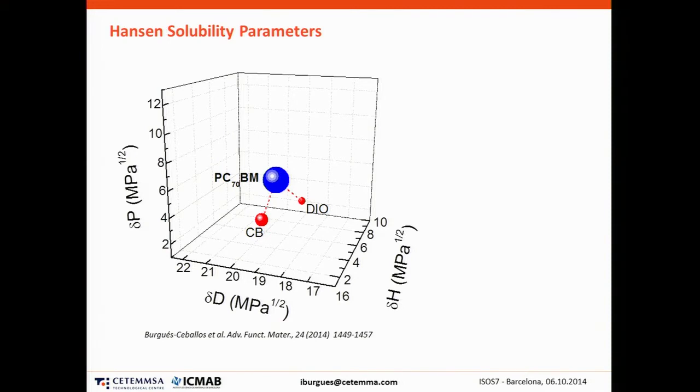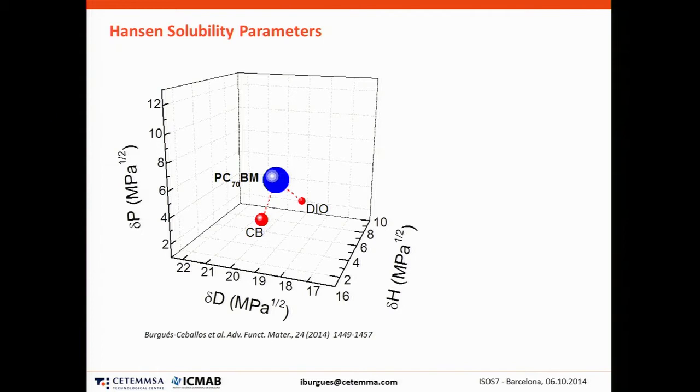For instance, you can see the position in this solubility space of the fullerene, and how close chlorobenzene and diode are with respect to the target molecule. So our goal is to find alternative additives or solvents that are close to diode, so they will behave similarly in terms of solubility as this additive.